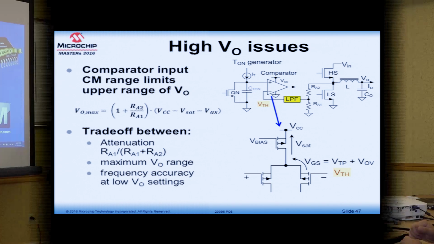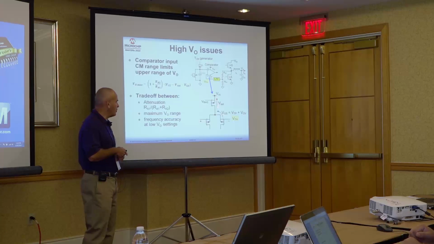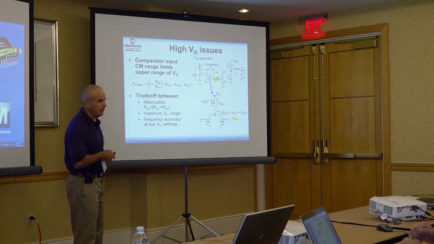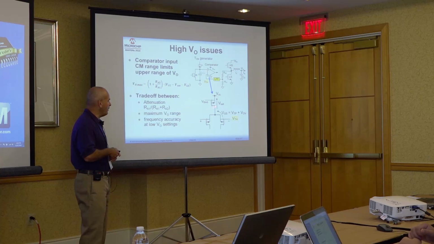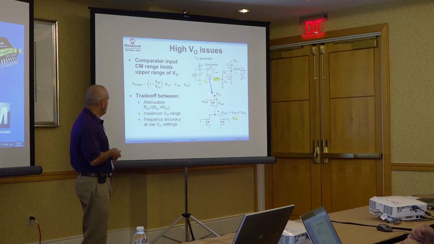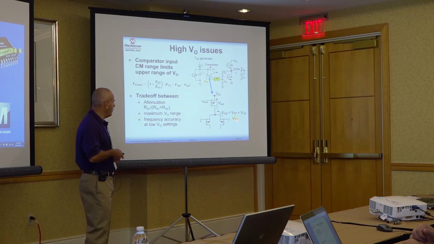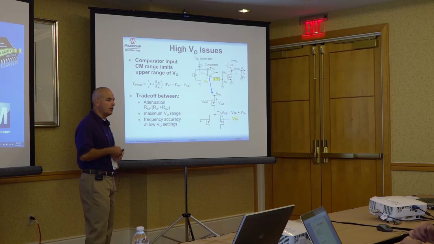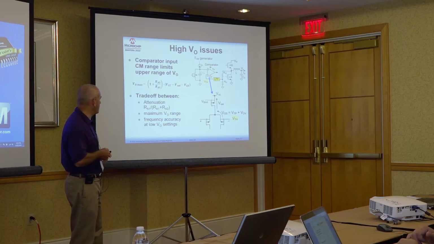So we have an analog supply voltage. We have to provide some headroom for the tail current source of the differential stage, and we have the gate to source voltage of the differential pair. So we end up with the maximum value that the threshold voltage can reach, and through the internal attenuation factor, we can determine the maximum output voltage value that we can safely support.